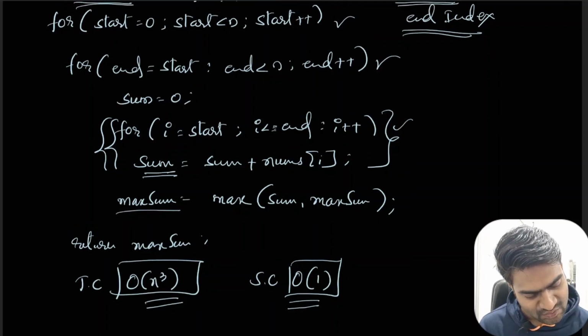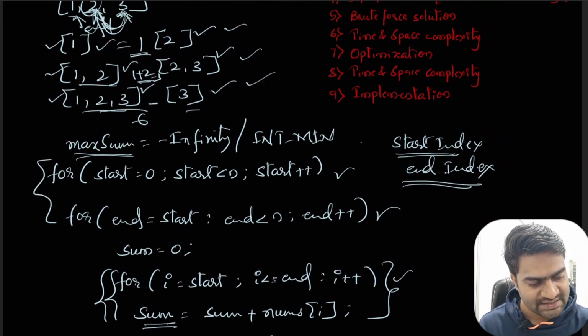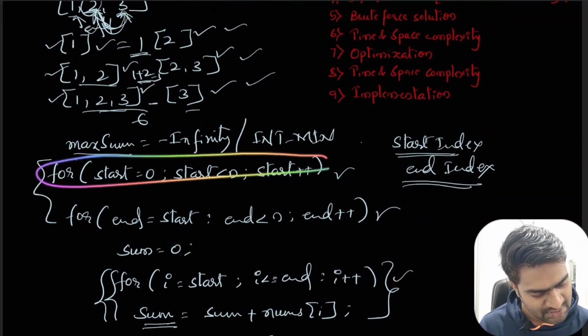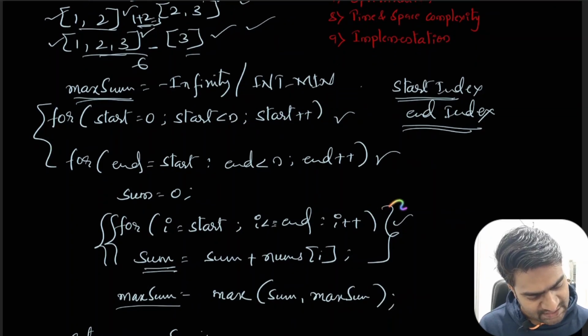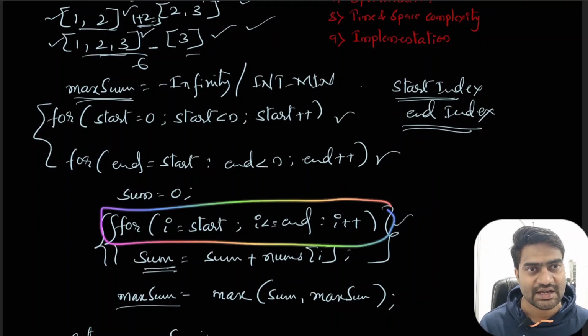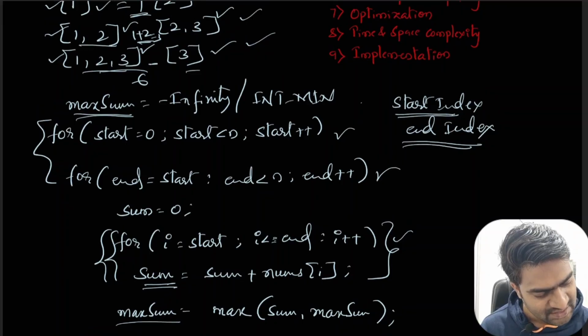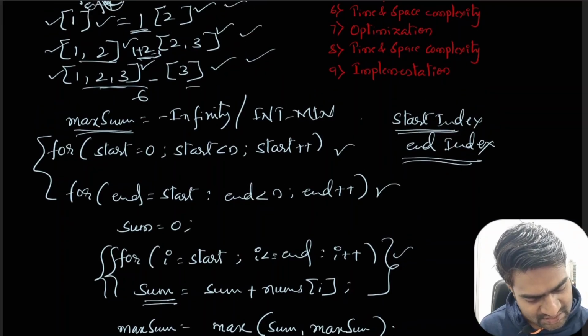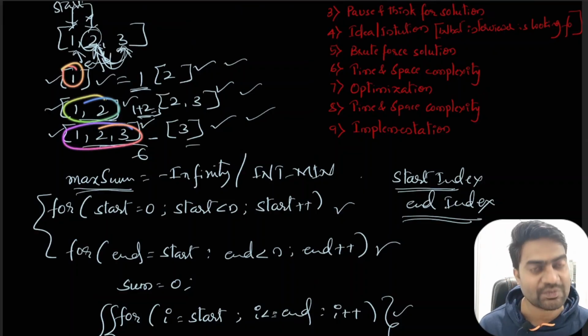Let's see. Now what we did, we generated all the subarrays using this loop and this loop. Then we again used one more loop and we iterated over the subarray, and then we found the sum. So basically initially it was 1, then next it is 1 plus 2, then it is 1 plus 2 plus 3.